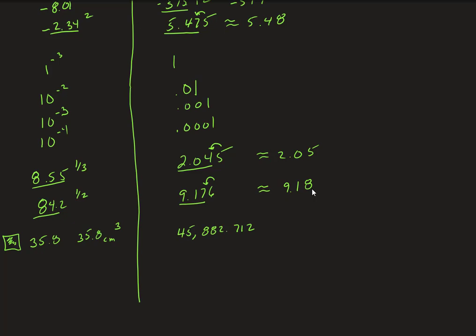We have 3 significant figures here, so we need to have 3 significant figures on this side. We can see that the 8 is going to round up, so we end up with 45,900 centimeters. So that is the volume of our cube with sides of 35.8 centimeters.